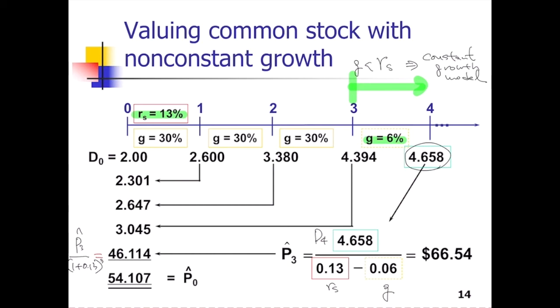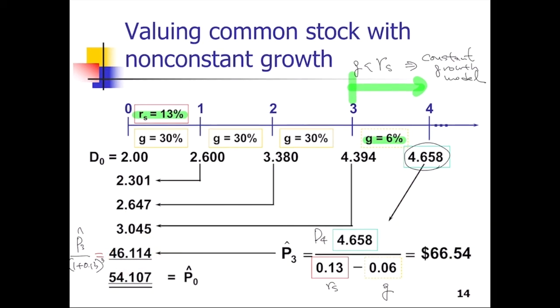That is this number. For the first 3 years, we cannot apply the constant growth model. Why? G is larger than RS. G is 30% and RS is 13, right? So we cannot apply the constant growth model. In this case, we should discount each term manually.